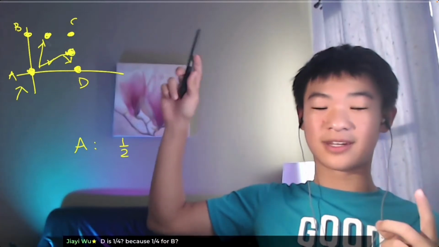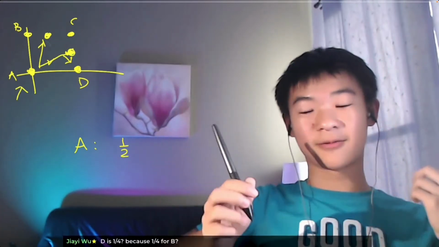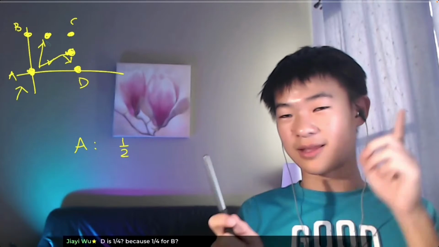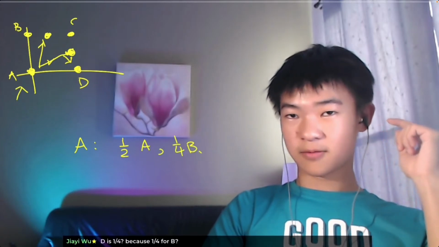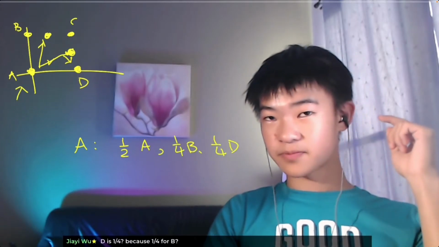Awesome, you get a star for that. Because if instead I go to this circle, there's a 1/2 chance for B and then a 1/2 chance for D. So that's 1/2 times 1/2 plus 1/2 times 1/2. So A has 1/2 and then B and D are the same, which are 1/4. I wish I could give you more stars for that, but that's a great observation. If you start at A, there's a 1/2 chance you go to A, 1/4 chance you go to B, 1/4 chance you go to D.